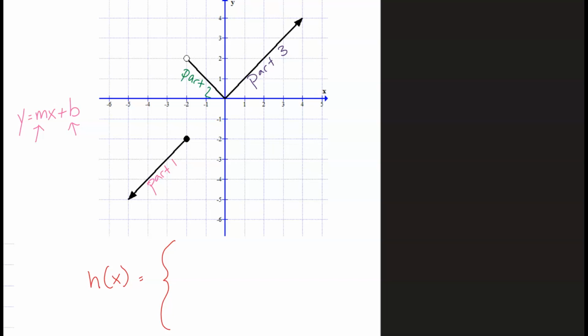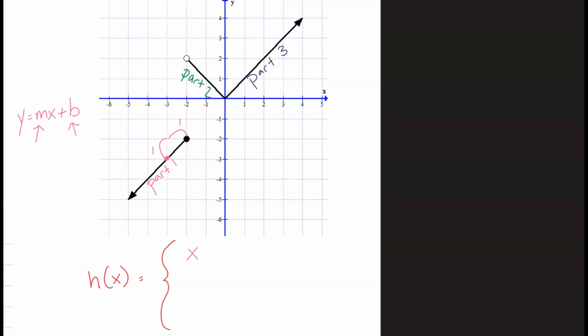Okay, so first we need to find our slope and our y-intercept for part 1. We find slope by doing rise over run, so you go from one perfect point to another. My rise here is 1 and my run is 1. So for part 1, my slope is 1. That means in front of our x we would have a 1, but that can become invisible. We don't need to write the 1. So it's just x.